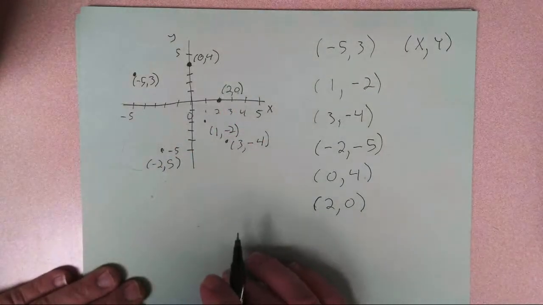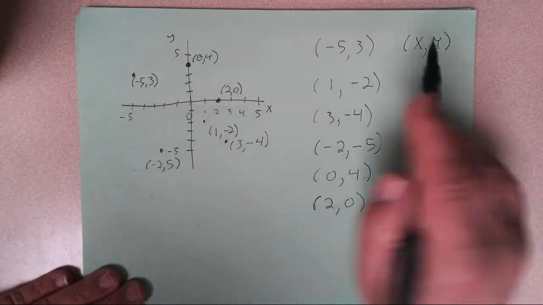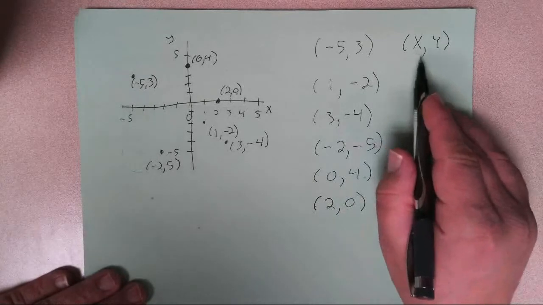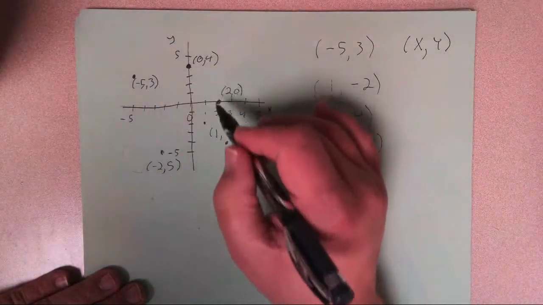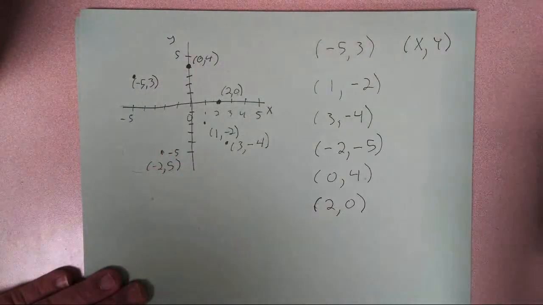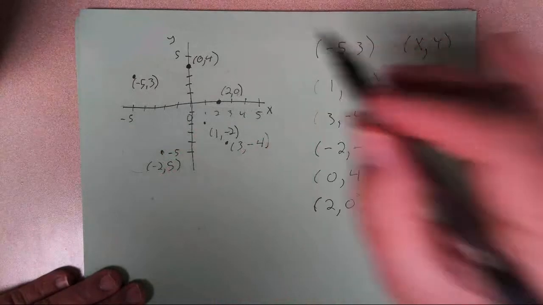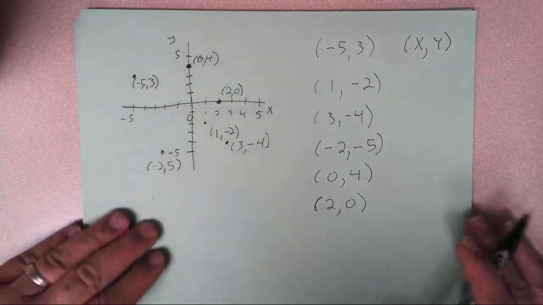When you do a correlation study, which studies the relationship between two variables, the x will stand for one variable, the y will stand for another variable, and you need to be able to plot the points on a graph, and then you can see if those points have a pattern to them, like are they going up together, down together, things like that.